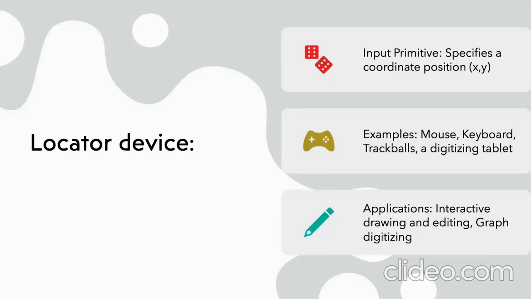These cursor positioning devices are commonly used for locating a specific coordinate position on a screen. When the screen cursor is in the desired location, a button is activated to save the screen point coordinates. And to locate a particular coordinate position on a screen, we use a locator device.